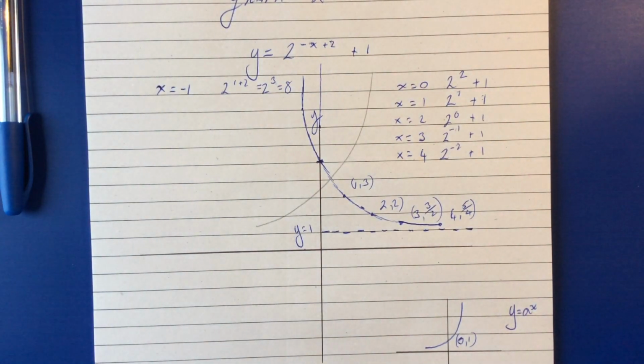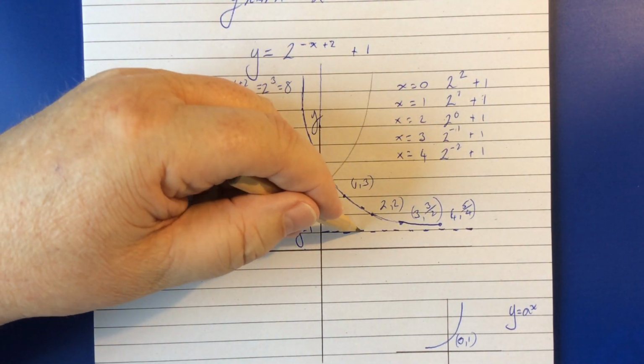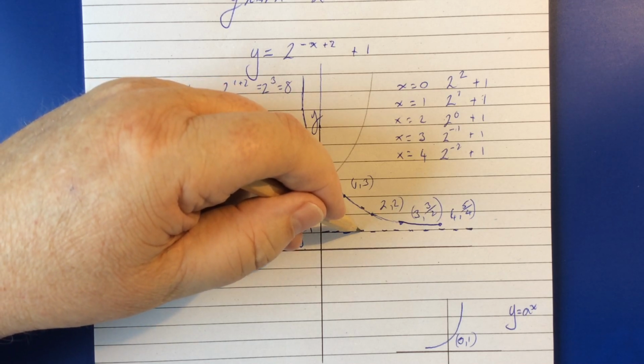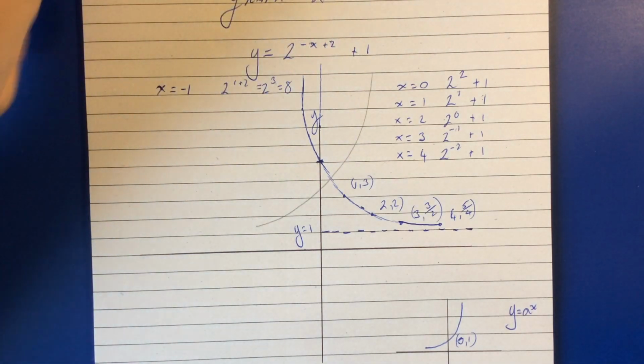So again, what rules can we extract from this? Well, we've discovered that our asymptote is positive 1. What a surprise, that's there.